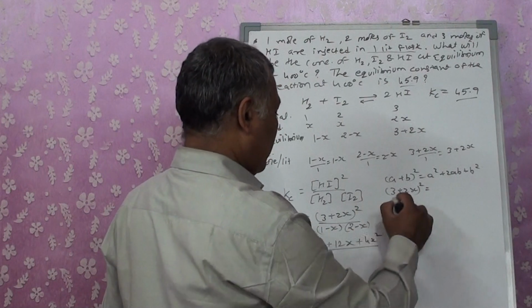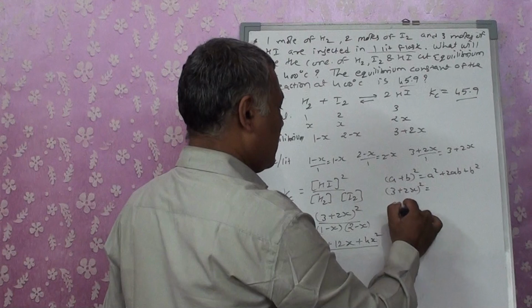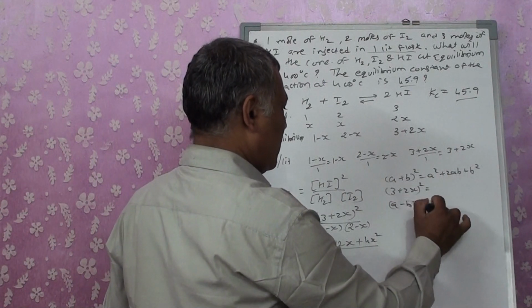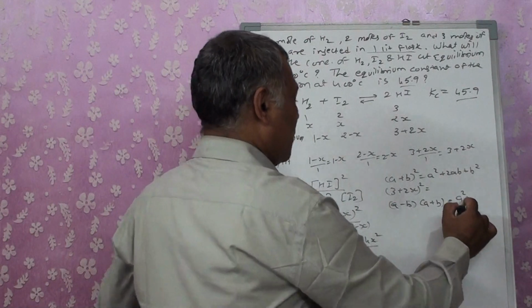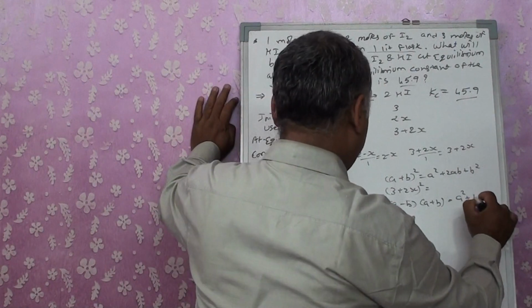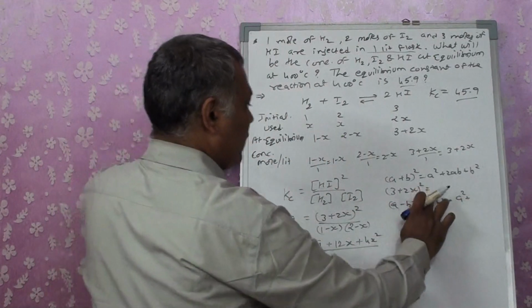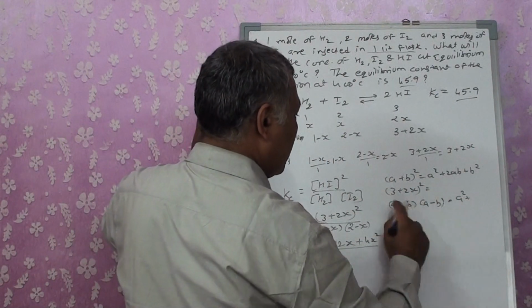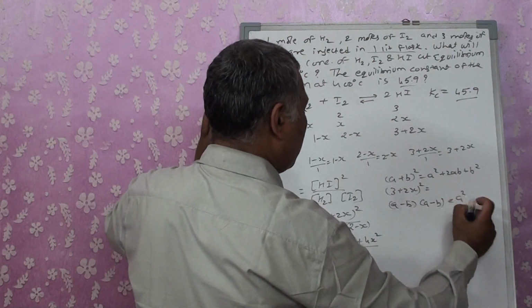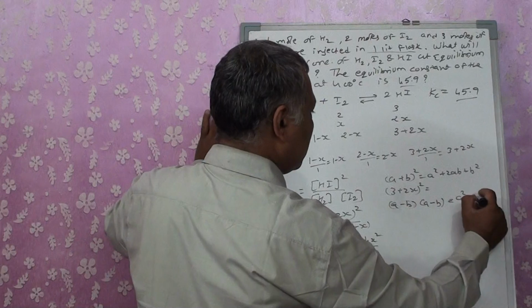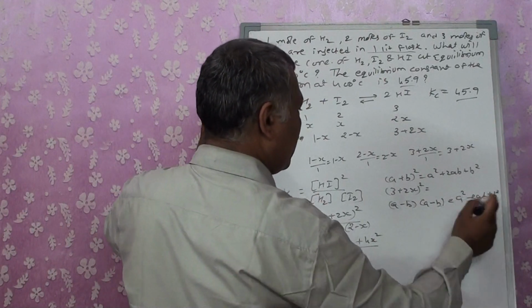And here we have the identity (a minus b)(a minus b), so we get a square minus 2ab plus b square.